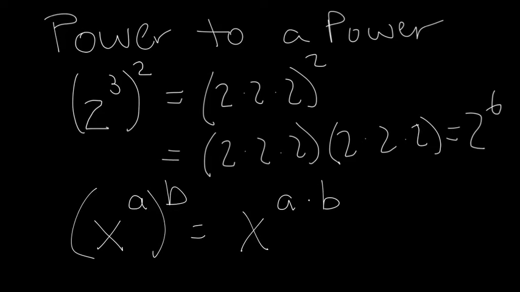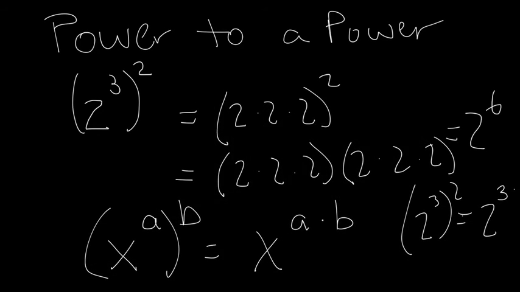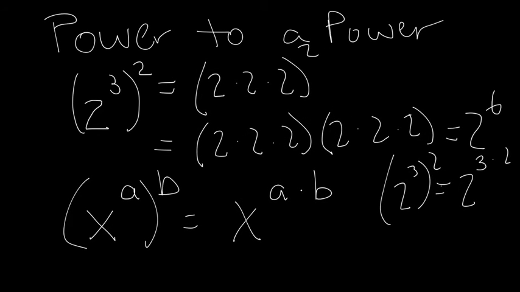Or in our case up here, we would have 2 to the third squared is equal to 2 to the 3 times 2, which is going to be equal to 6. So we get 2 to the 6 there. And 2 to the 6 would happen to work out to be 64.